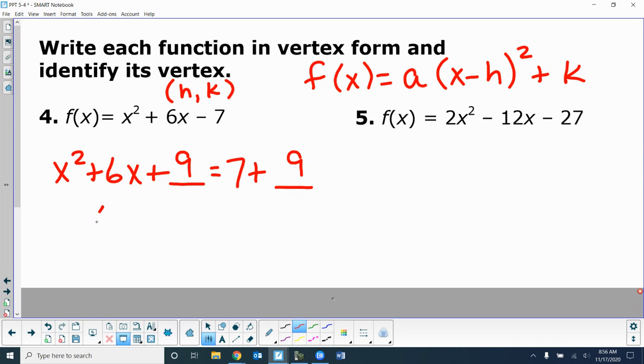So, Trent, what's this become? Square root. Good. And then what's on the right side? 16. So, all I got to do now to get this to look like this is do what?